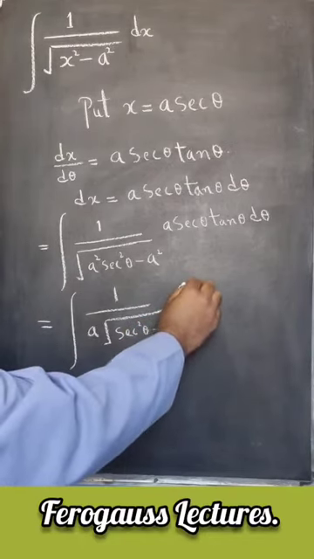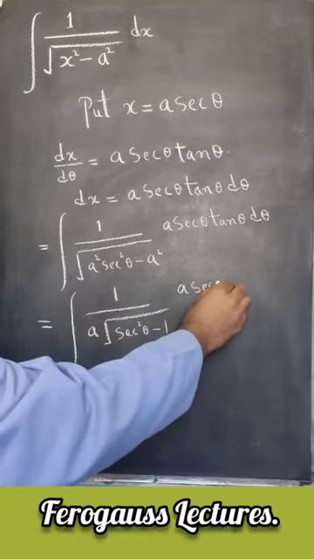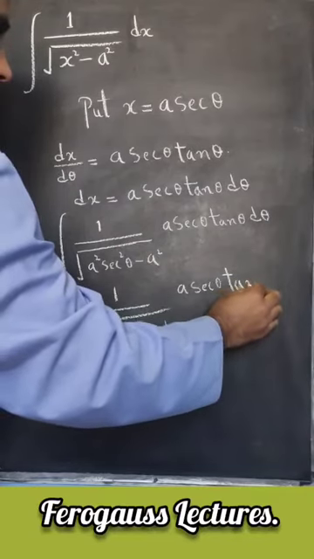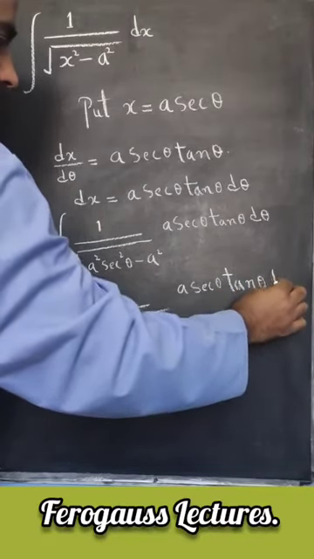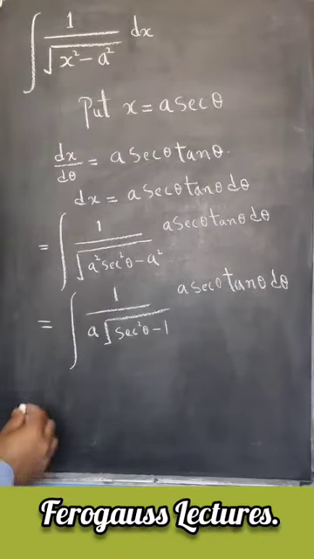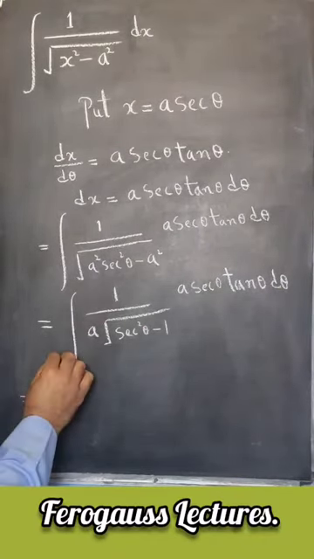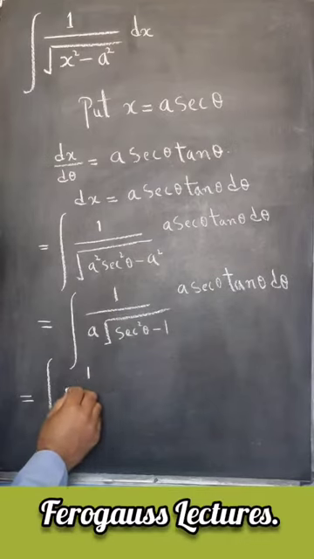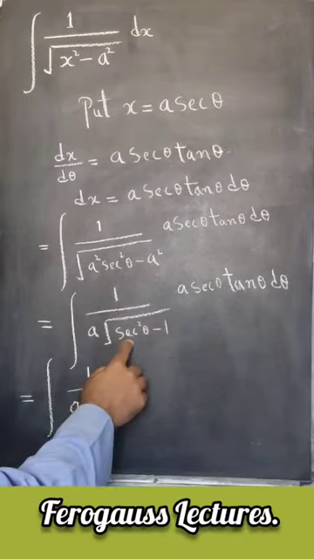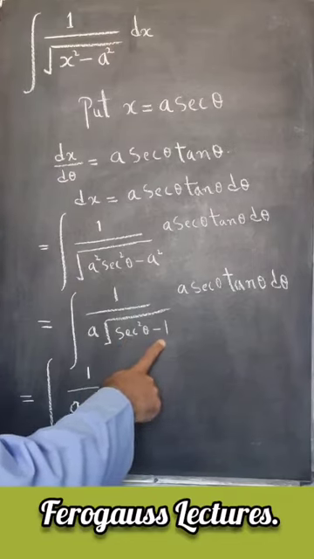Then here we have a secant theta tan theta d theta. That is further equal to the integral of 1 by a, now secant square theta minus 1 is tan square theta.